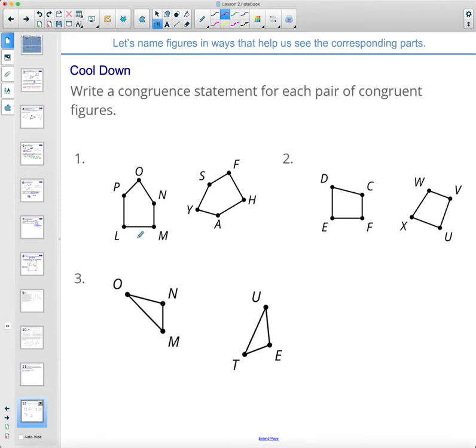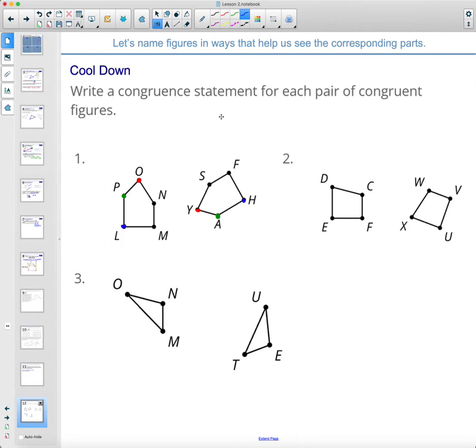So you can do this how you want, but if you could think about mentally rotating this, I would say that O is going with Y. You can do different colors to help you, whatever that looks like. P is going with A. You could even put a number by them to match them up. Then L is going with H, and then you have the order.